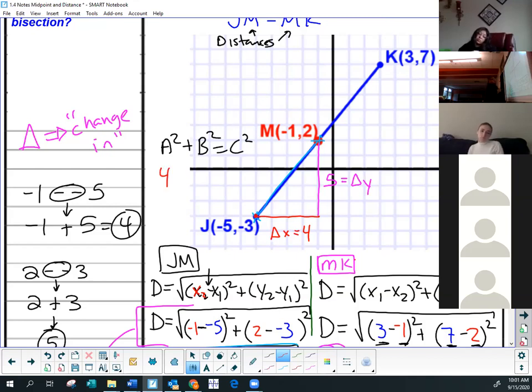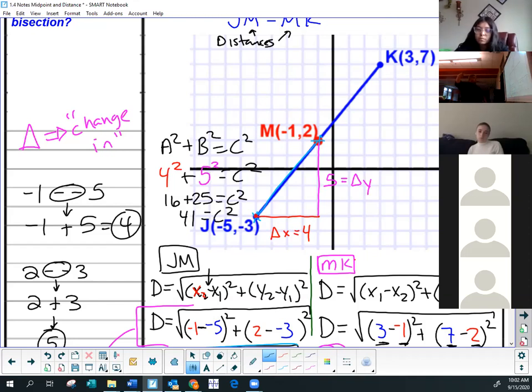I already had the color queued up for this one, so I'm going to use that. And then the B value would be 5. And that would equal C squared. So that would be 16 plus 25 is equal to C squared. 16 plus 25 is 41. That would equal C squared. And then how would I get rid of the square again? Square root it, right?